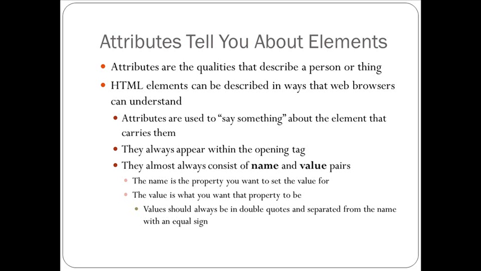It could be information that it needs, which you'll see in just a few minutes, but it's some type of property or attribute that we're going to use that helps say something more about the element than just the name of the element itself. They always appear within the opening tag. You will never in your closing tag have to put any attributes in there.